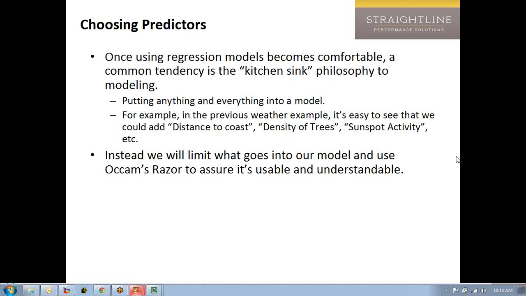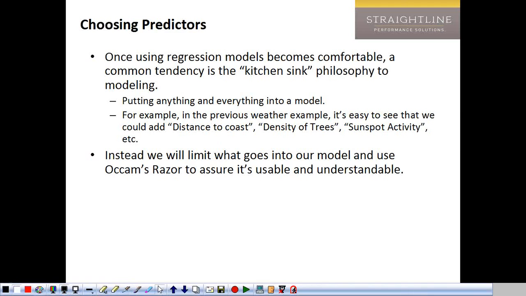And we talked about this in building regression models as using a concept known as Occam's razor. And that, again, simply states that given 2 models, if they both have equal predictive power, we should choose the simplest.